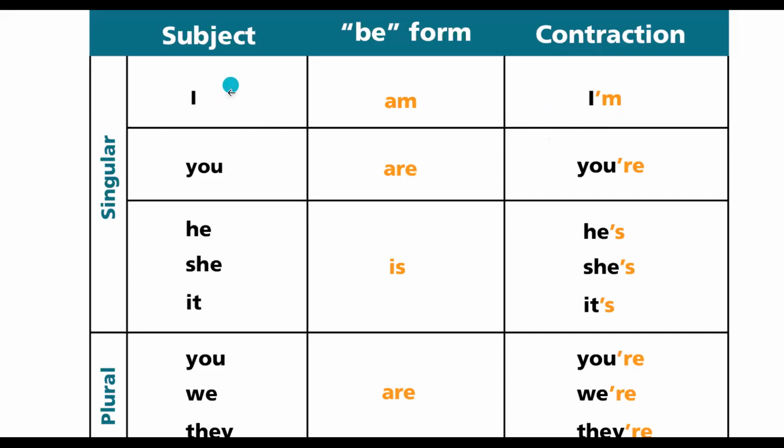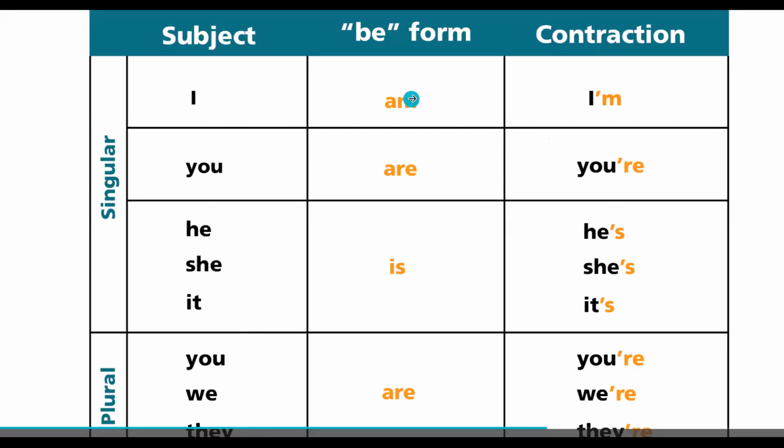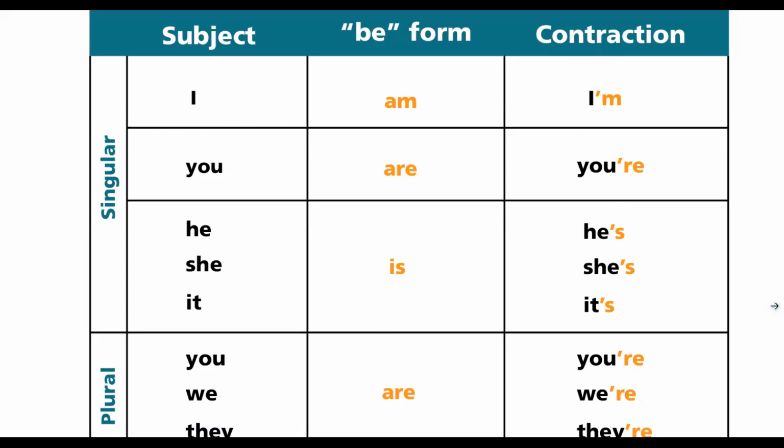Aquí tengo mi pronombre. Aquí tengo la forma del verbo que voy a usar. Y aquí tengo mi contracción. ¿Qué es la contracción? La versión corta, por así decirlo. So for instance, pronoun I, the form that I'm going to use, am, I am, and then the contraction I'm.